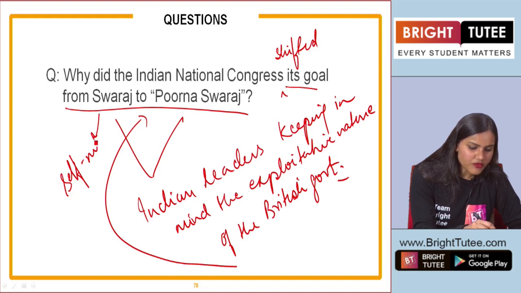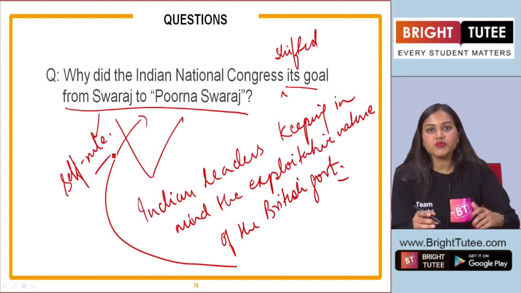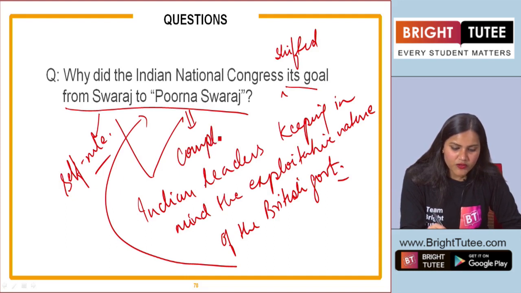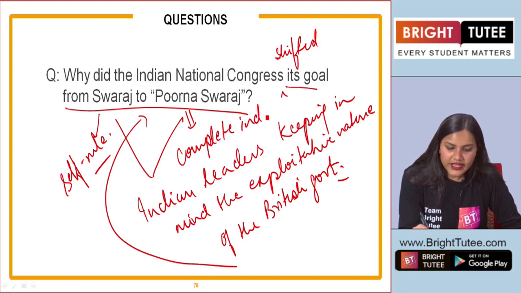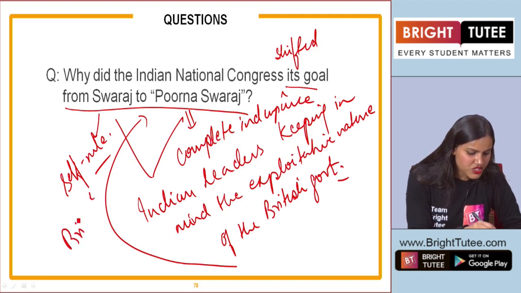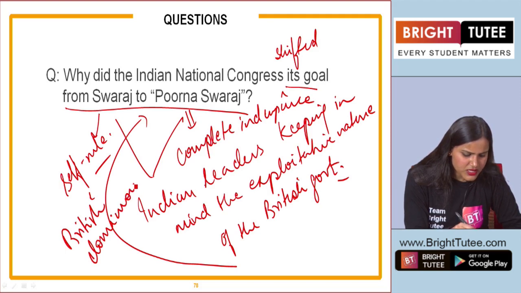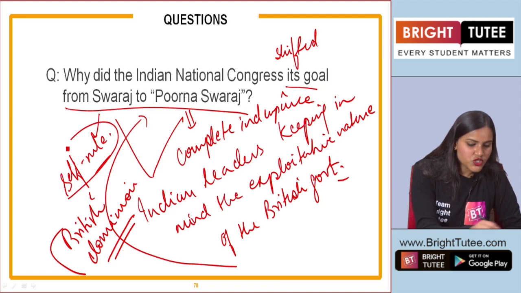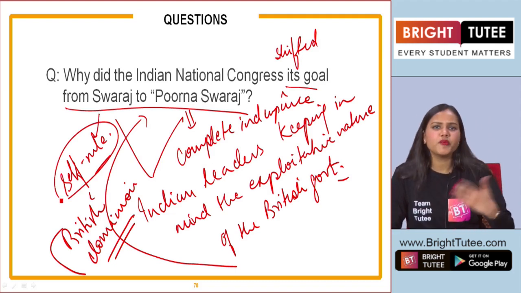Here you have to first understand the difference between Swaraj and Poorna Swaraj. Poorna Swaraj does not involve the British government at all. It calls for complete independence. Here we have the British Dominion, right? Dominion status, that again we will learn somewhere. Basically under the British Dominion, we should have self-rule, self-government or home rule.